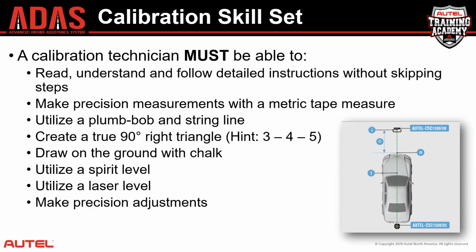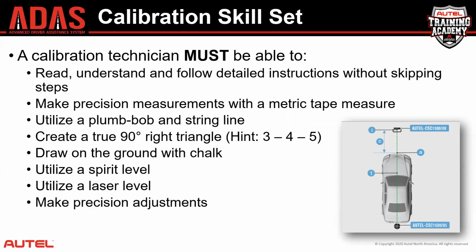Some vehicle manufacturers still instruct us to use a string line and a plumb bob to help determine the vehicle center line for placing the calibration targets accurately. Depending on the type of calibration you're performing, a blind spot radar calibration, you may need to create a true 90-degree right triangle on the ground.